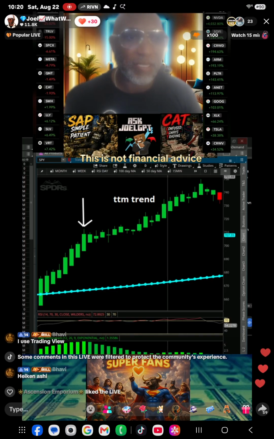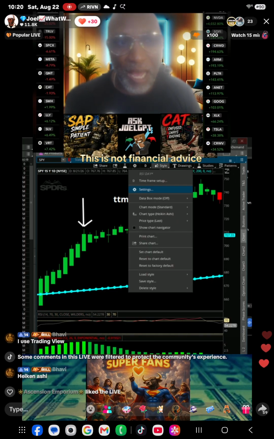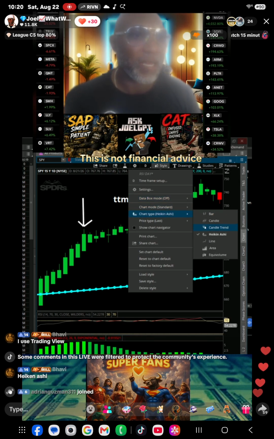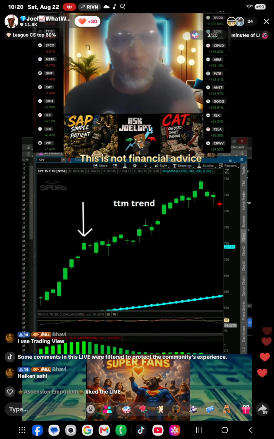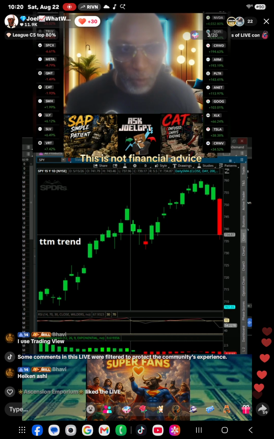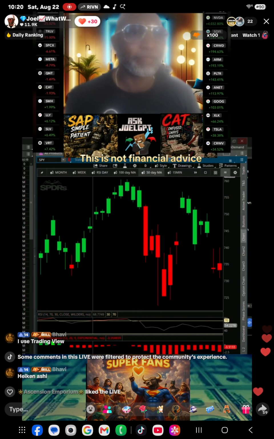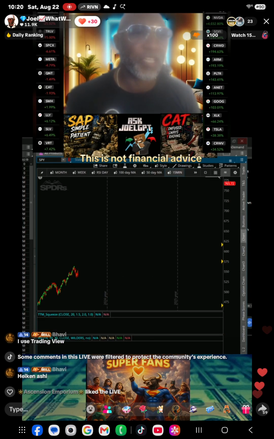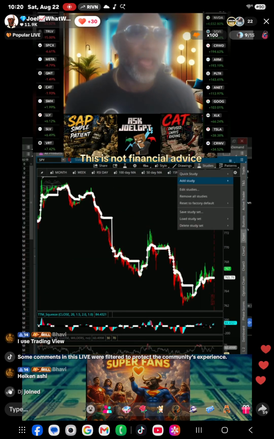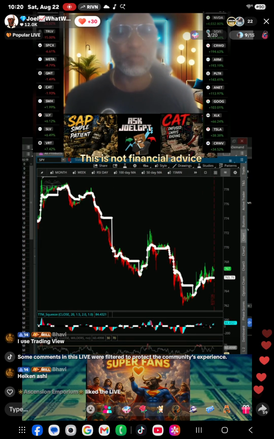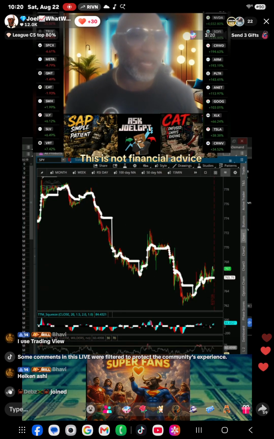For example, let's say, and we'll get back to the hollow candle, right? But let's say we go back to how it looks here. Let's say you were trading on a 15-minute chart, and you didn't have the TTM trend on here, right? It's gonna look something like this.